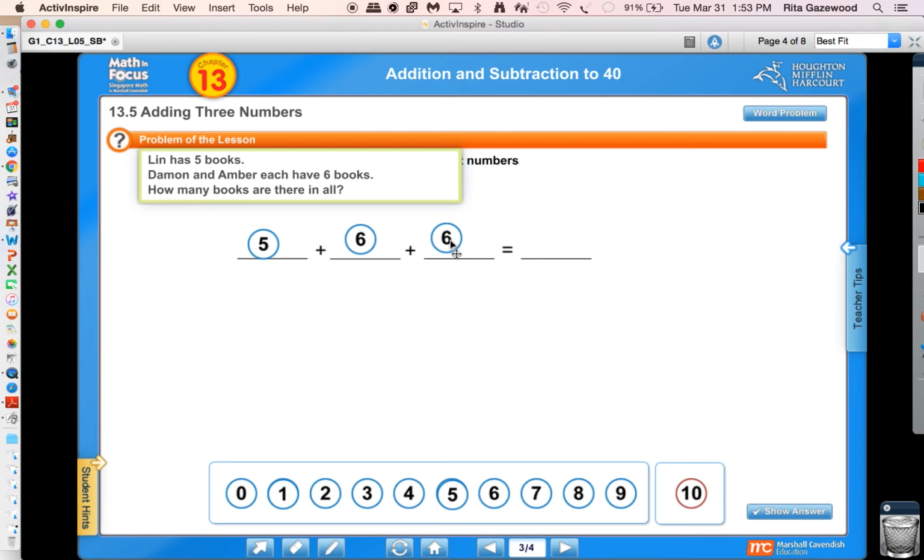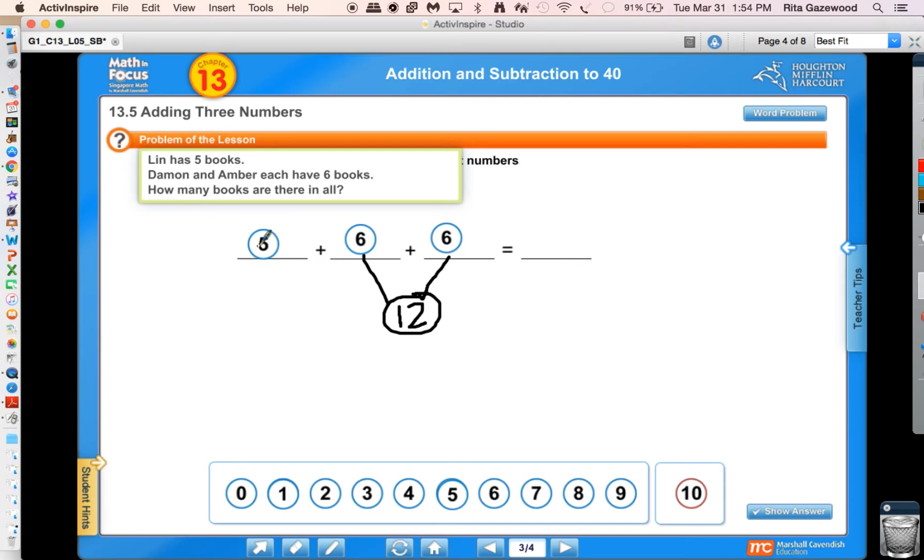Double facts are just easier for our brains to remember. So in this problem, do you see any doubles? Right on. 6 and 6. Do you know the answer for that? 6 and 6 make, that's right, 12.